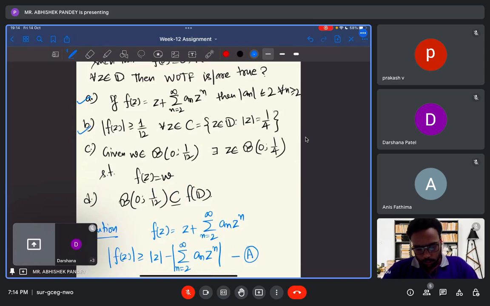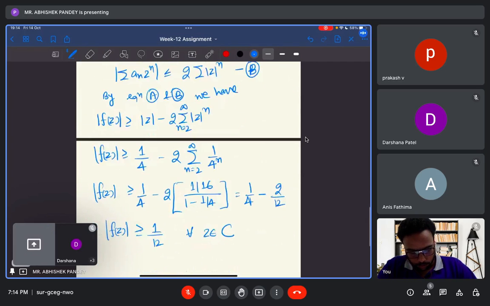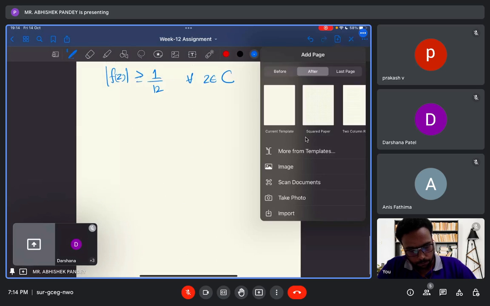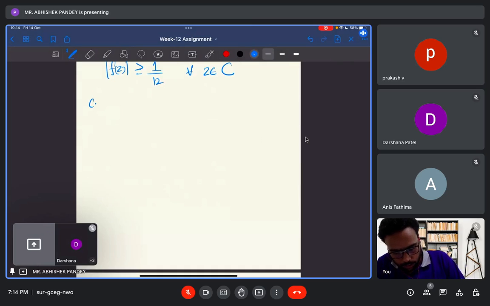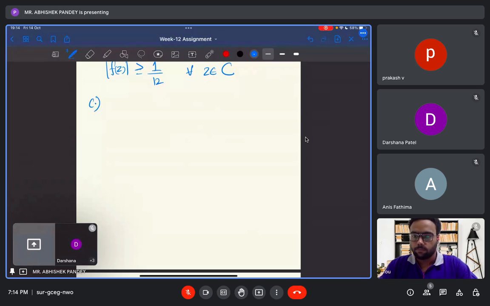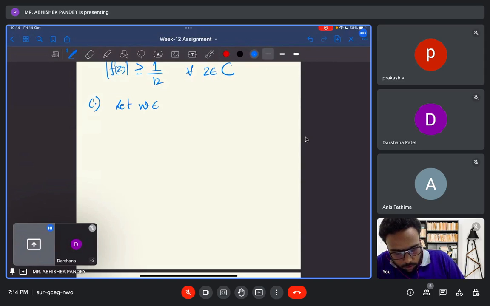Now the third option is saying that given any point in the ball centered at 0 with radius 1 by 12, you can find a z in the ball centered at 0 with radius 1 by 4 so that f(z) equals w. So let us see these options. Option C. Let w belong to this ball.